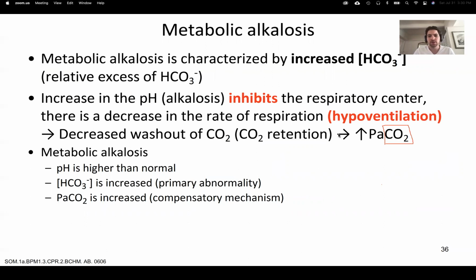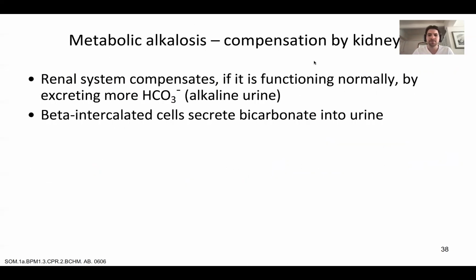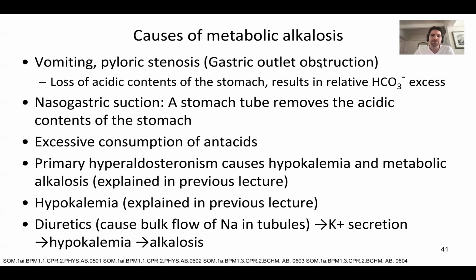We hypoventilate, right? By hypoventilating, you're not breathing out the acid, so you're holding on to it. Everything works concurrently. Even though you're in a state of metabolic alkalosis and you're compensating with your breathing, the kidneys can also try to get rid of this excess base, excess bicarb, to try to bring it back to equilibrium.